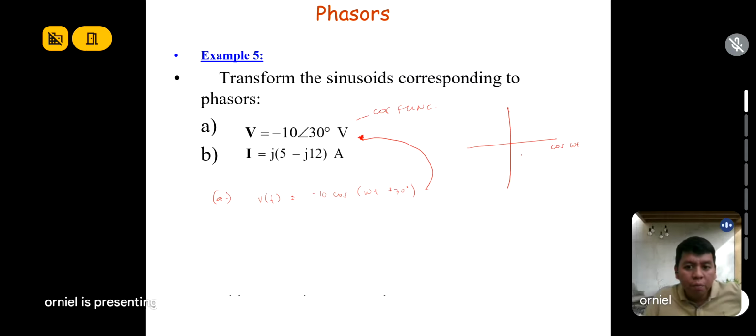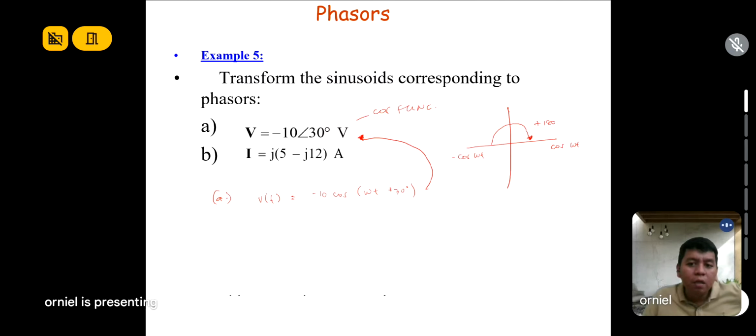From negative cosine to positive cosine, you add plus 180 degrees.